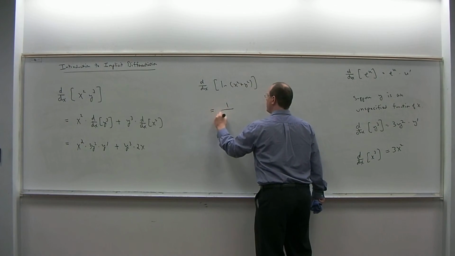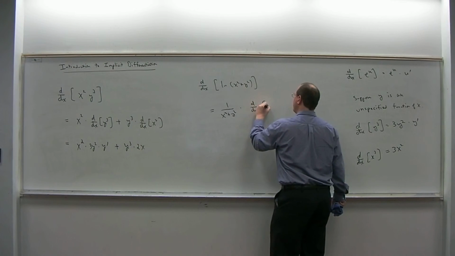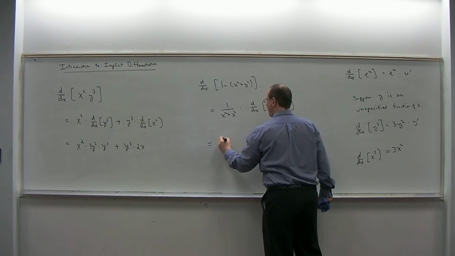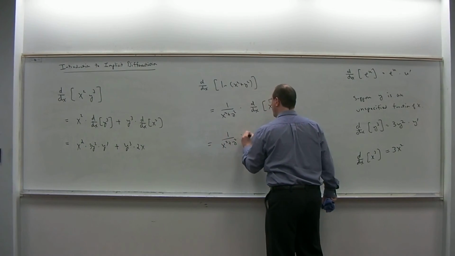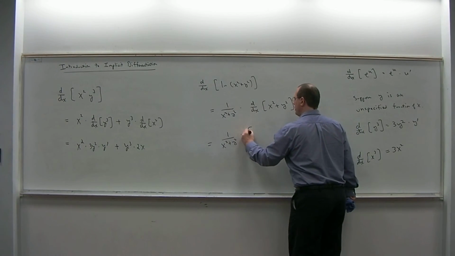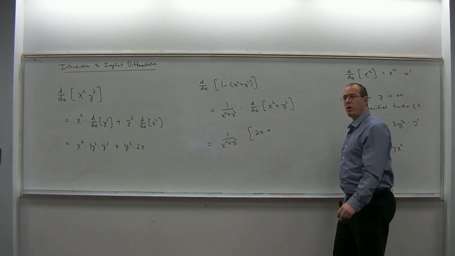So 1 over x squared plus y squared times the derivative with respect to x of x squared plus y squared. So this is 1 over x squared plus y squared times, and now the derivative of x squared plus y squared is the derivative of x squared, which is 2x, plus the derivative of y squared.